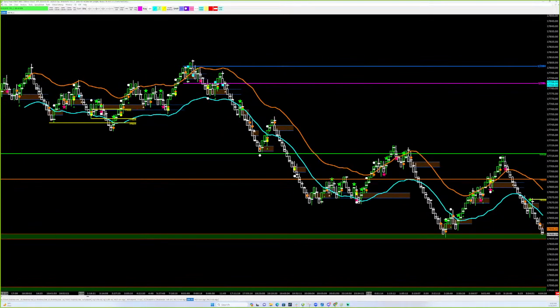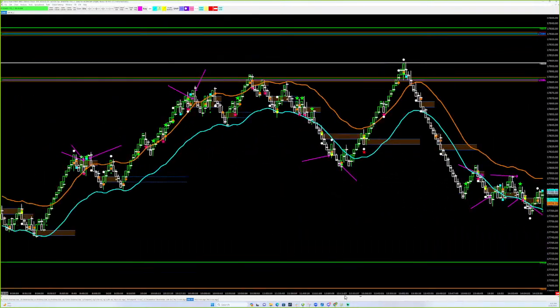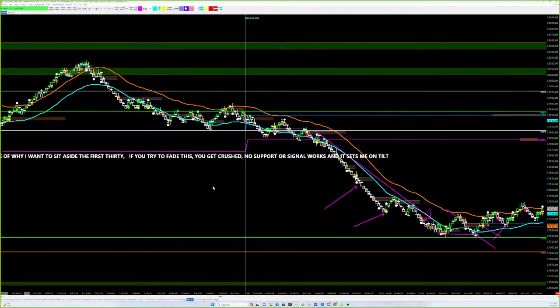Okay, so let's see, 20th, 19th. Oh, I know what the problem is. I need to load more days. One second. Just remind me if I don't put them back in to change the days here. 6 days. So if you go back to Friday, I'm going to erase the lines on this chart.